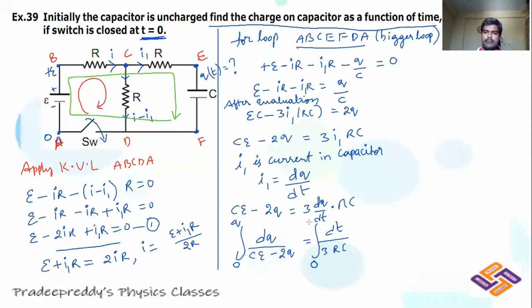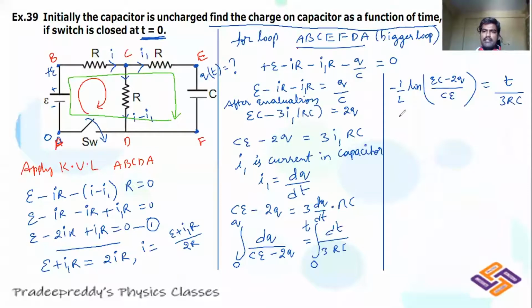From here you should evaluate this integration, and I'm not doing that evaluation, it takes a lot of time, so I'm writing directly ln EC minus 2Q divided by CE is equal to T divided by 3RC. This is after integration and substituting the limits, you will be getting this expression.